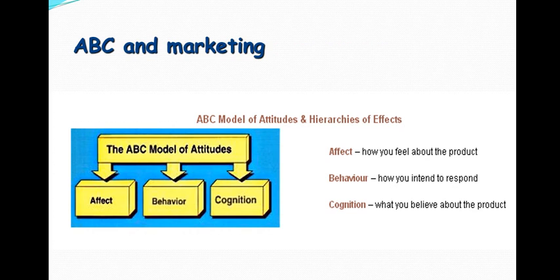Again, ABC model and marketing. The ABC model actually creates a hierarchy of the effects. So what they're doing in marketing, when they advertise, they make us feel in a specific way about the product.